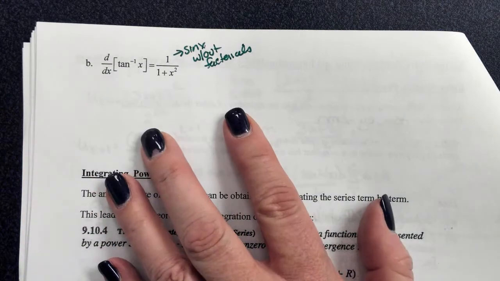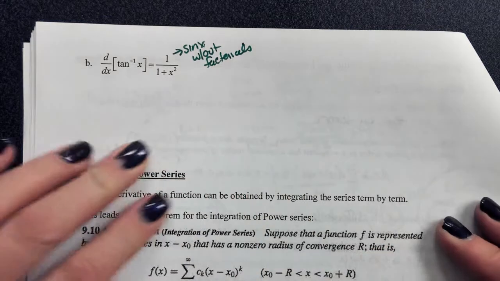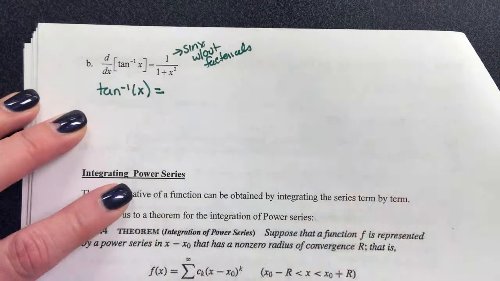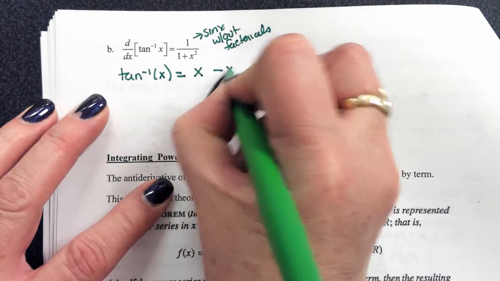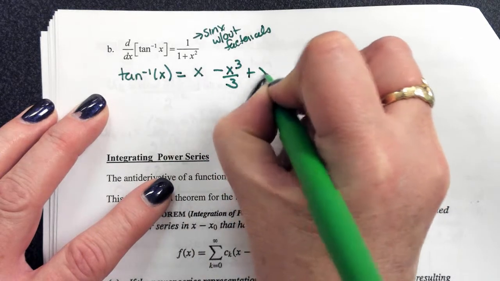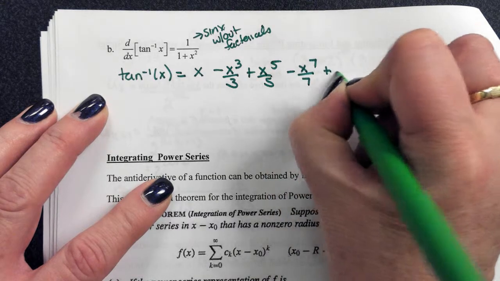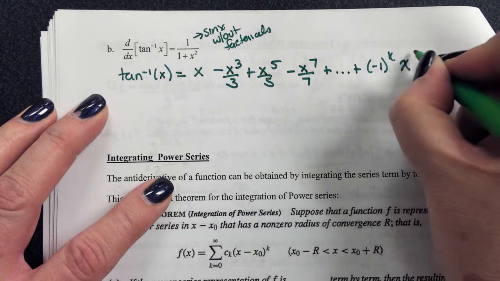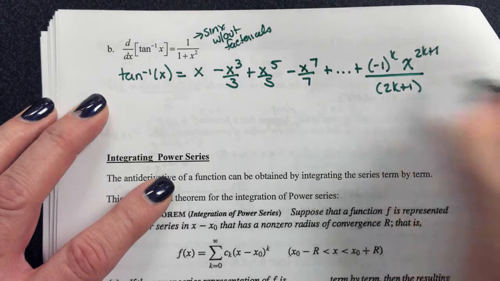So your inverse tangent of x Maclaurin polynomial is going to be x minus x to the 3rd over 3 plus x to the 5th over 5 minus x to the 7th over 7 plus dot, dot, dot, plus you have your negative 1 to the k, x to the 2k plus 1, all over 2k plus 1.